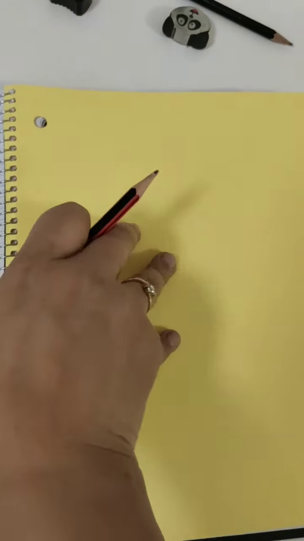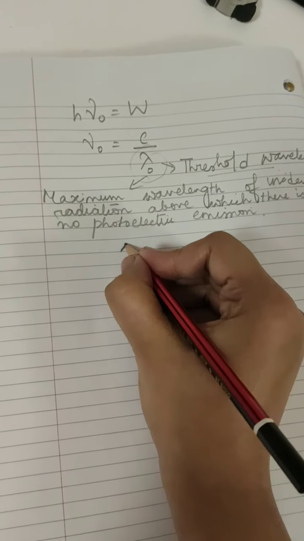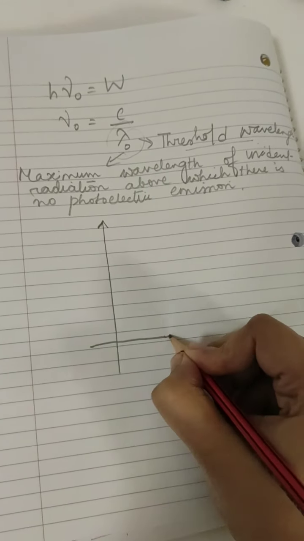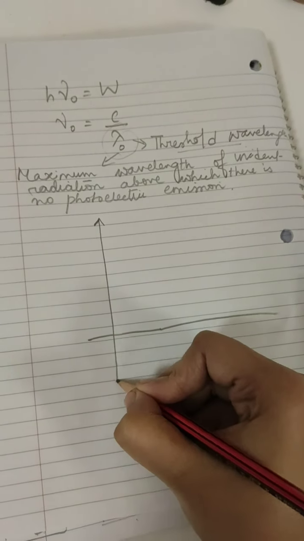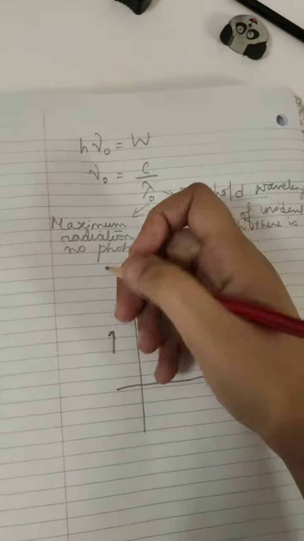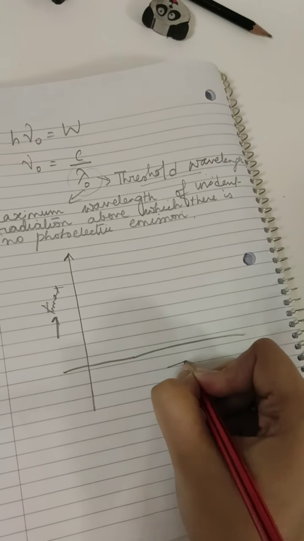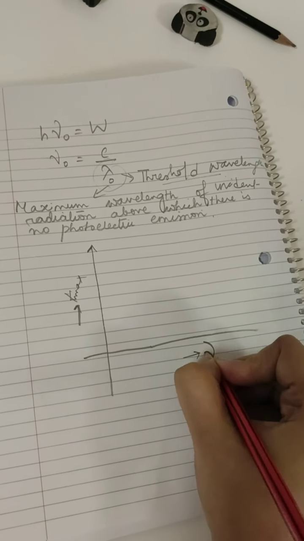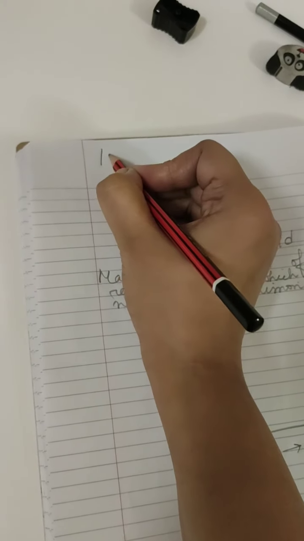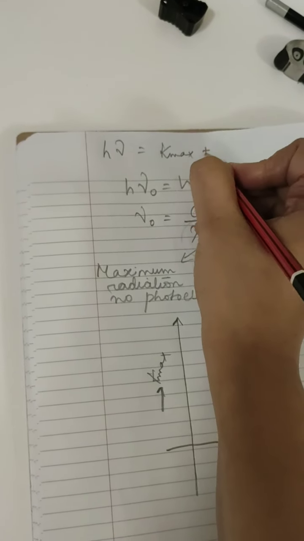Okay. Now, if I have to plot a graph of kinetic energy of the emitted electrons, this is the kinetic energy, K max, and this is the frequency. So this is the equation. Equation is h nu is equal to K max plus h nu naught.